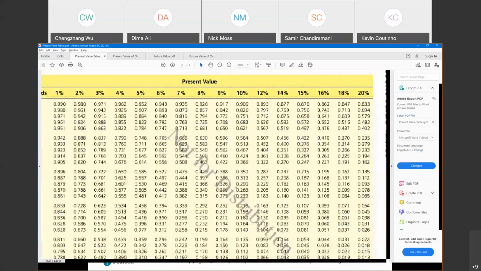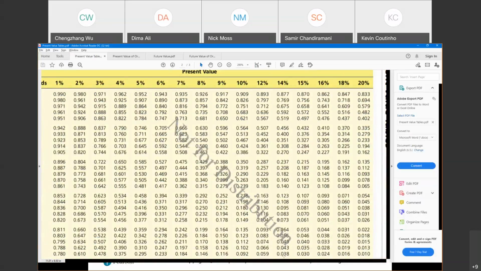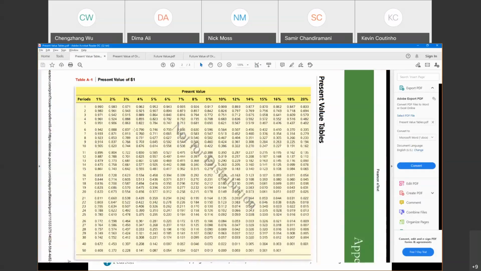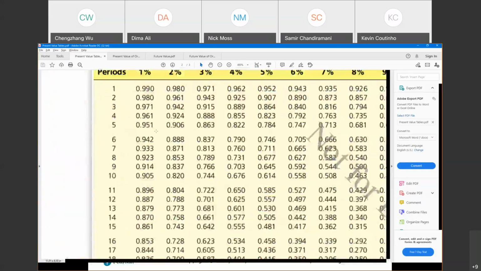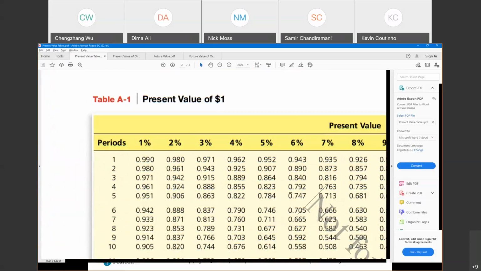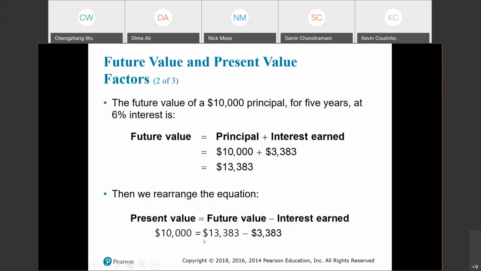That number is right here, 0.747. We use this number times the future value, and then we get 10,000 to be the present value.